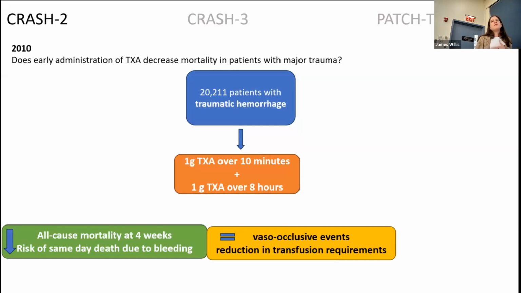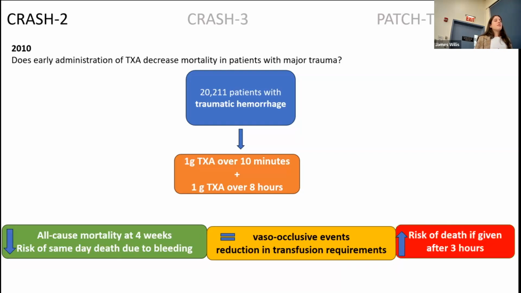If TXA is antifibrinolytic, you're concerned about a procoagulant state, but this study didn't show any increased risk of DVT, PE, MI, et cetera. They also didn't show any difference in transfusion requirements with TXA versus placebo. What they did find is that if you use TXA after 3 hours, there was a statistically significant increased risk of death.